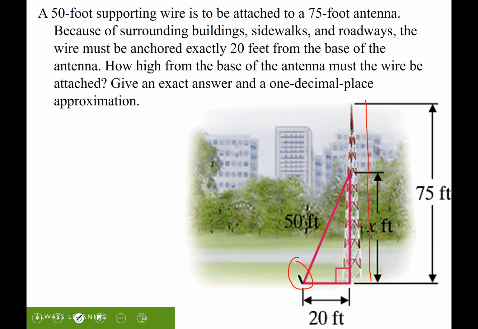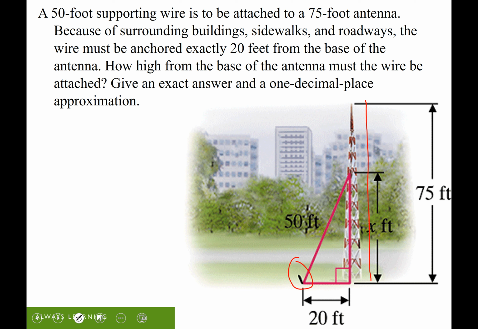So we need to get a ladder or a crane or whatever it is we're using to get up the antenna and mount the wire. So how high from the base of the antenna must the wire be attached? And we're asked to give that answer as an exact answer and in an approximate one decimal place approximation form.